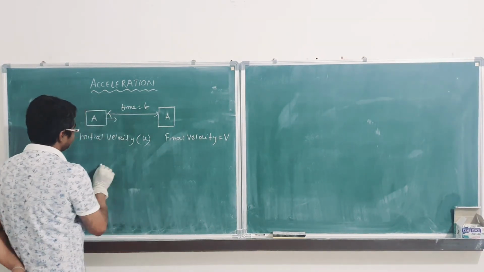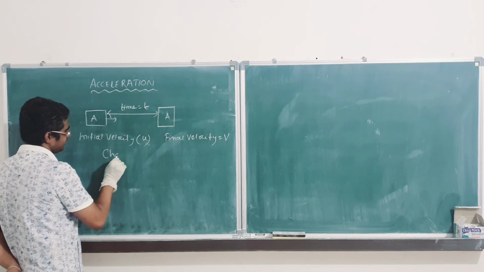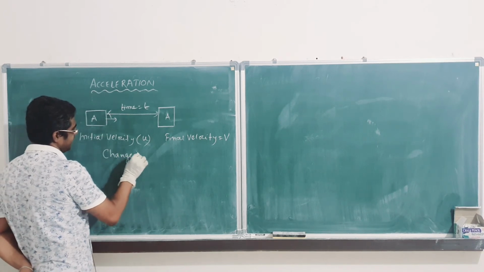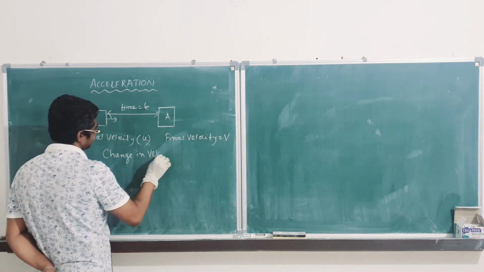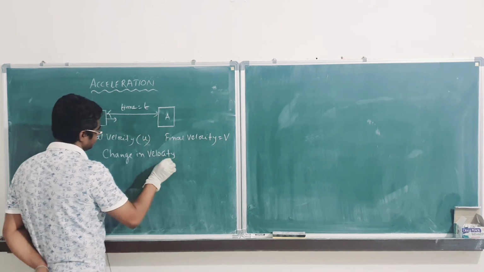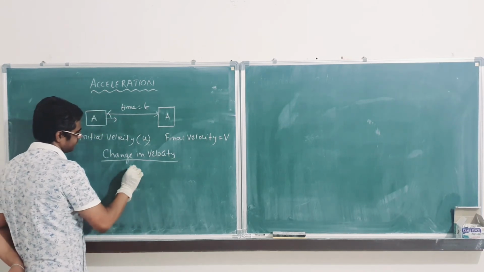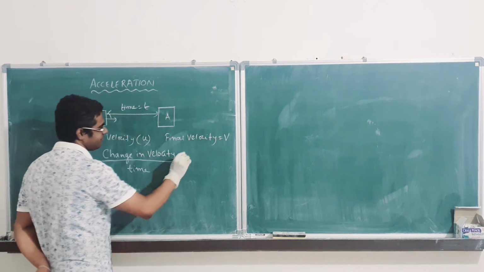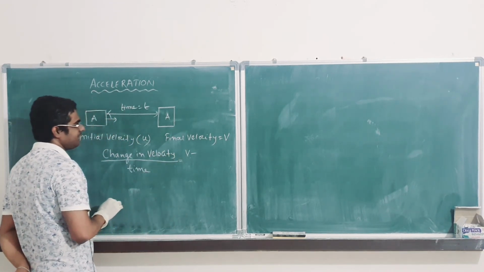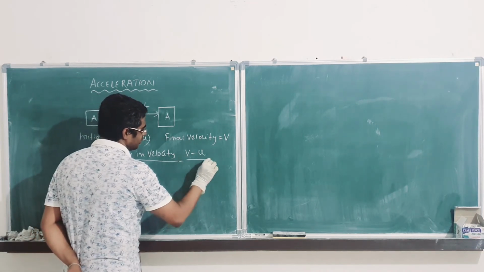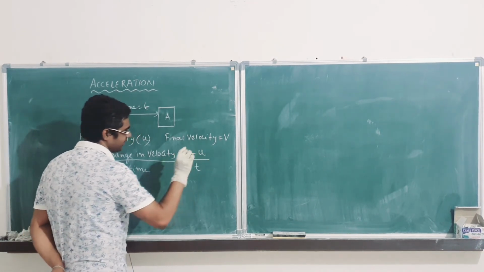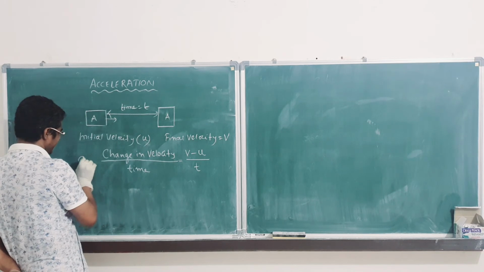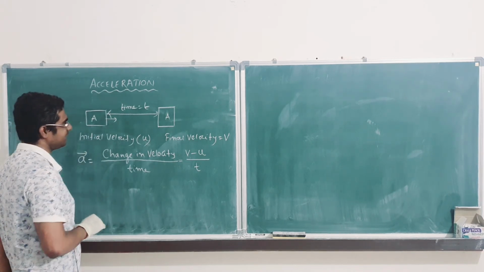So acceleration is nothing but change in velocity per unit time. So what is final velocity? v. What is initial velocity? u, divided by total time. Clear? This is acceleration. Acceleration is a vector quantity.